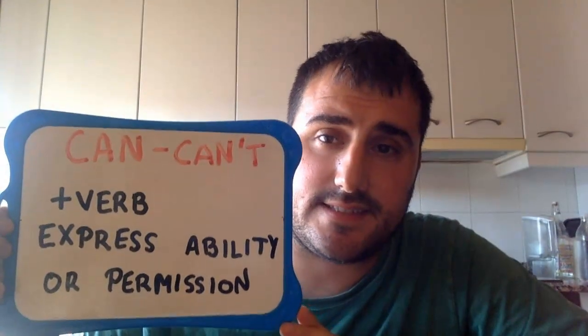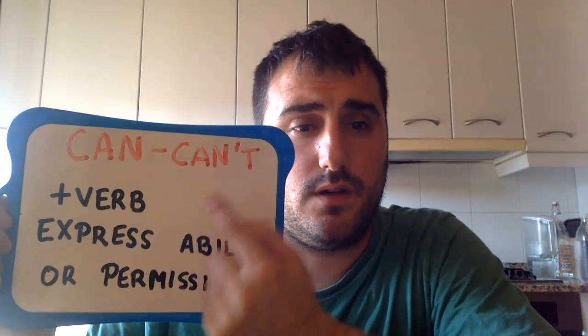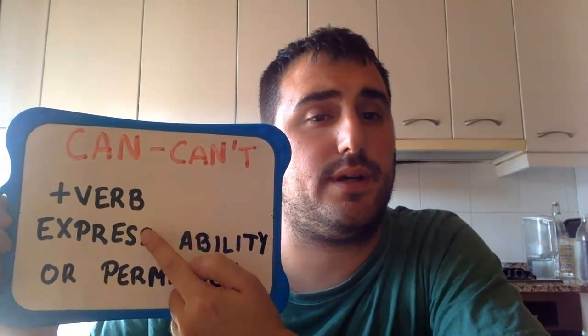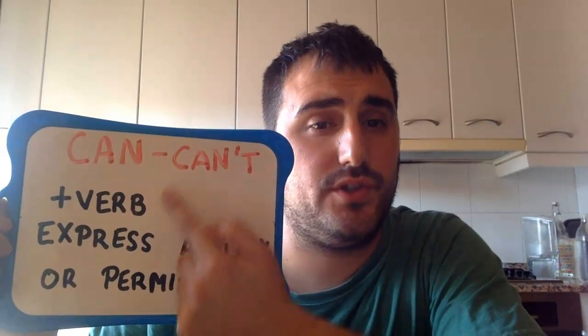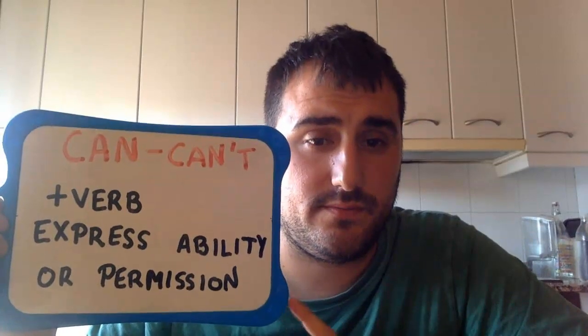So we've got here can and can't. As I told you, after can or can't, we always write the verb, and we use them to express ability or permission. Yes? So we've got an affirmative sentence and a negative sentence.